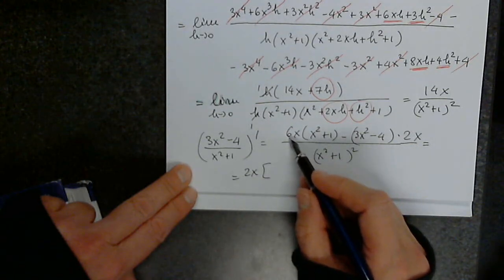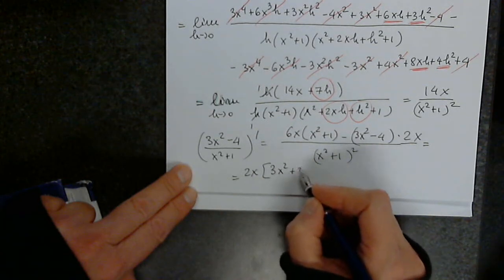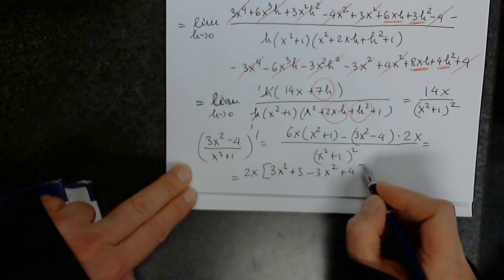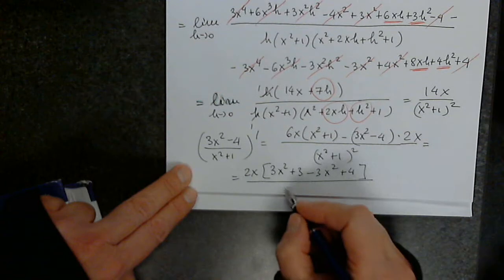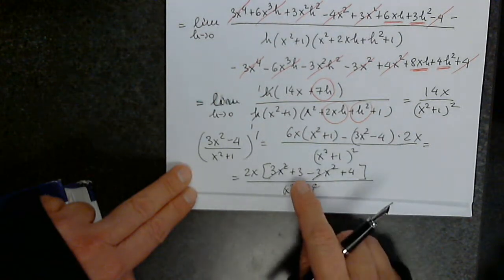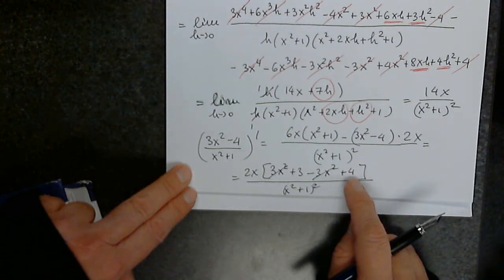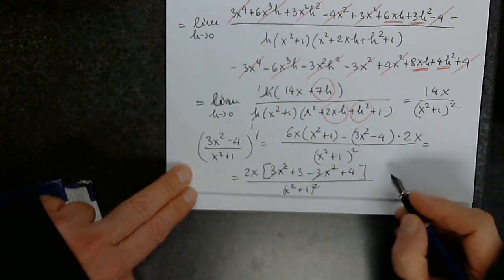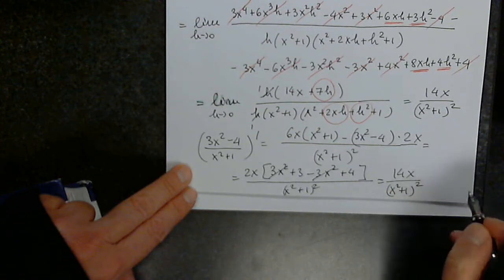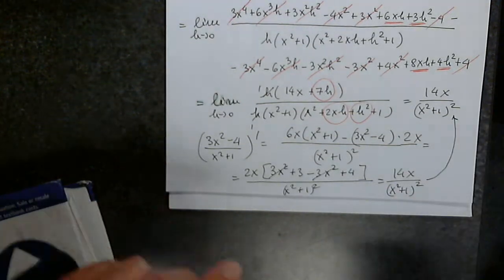So I have a 3 left here. 3x squared plus 3. This is gone. Minus 3x squared but plus 4 over x squared plus 1 squared. These are gone. This is 7 times 2 is 14 over x squared plus 1 squared. And I know now that that is correct.